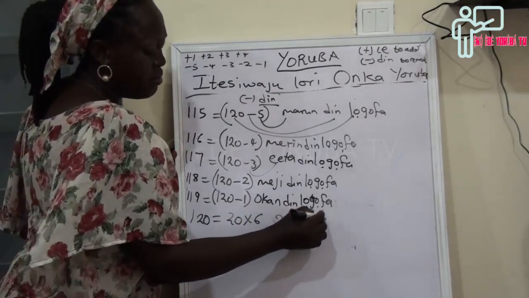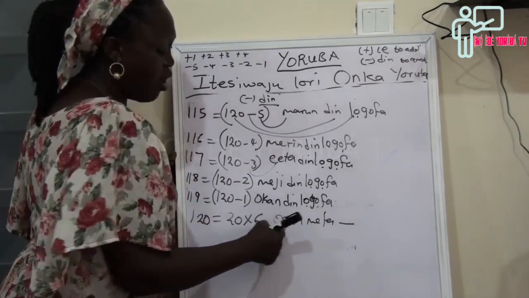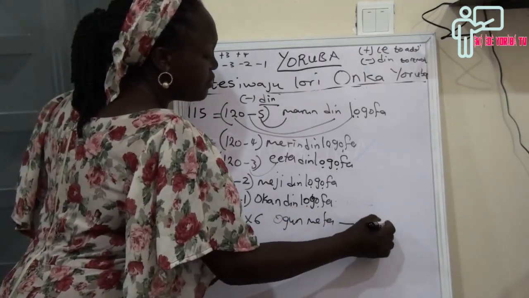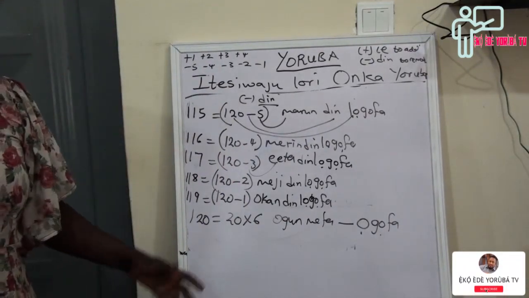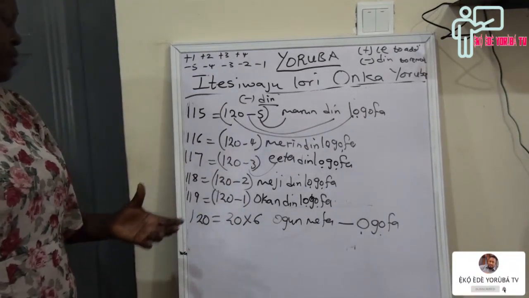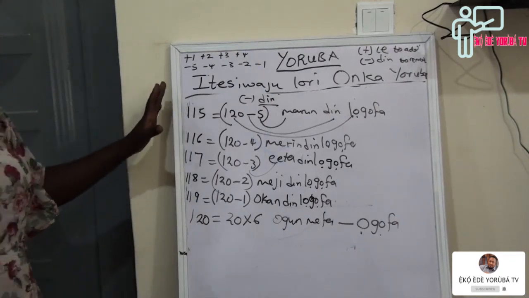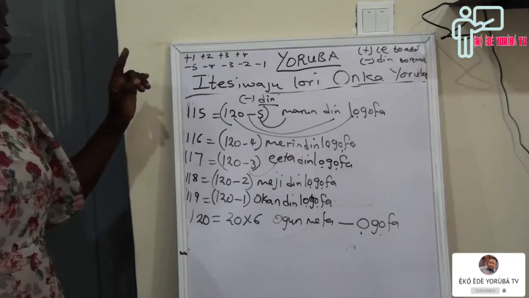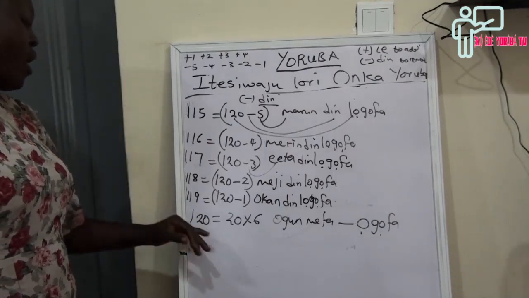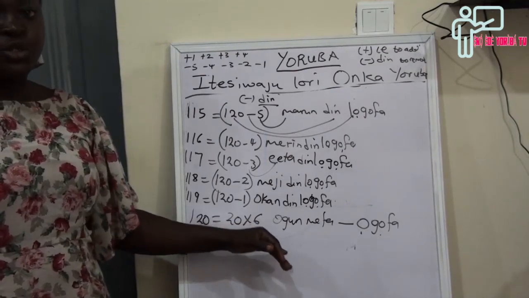It now becomes ọgọ́fà. Ogún mẹ́fà. That is from one kan to 120. From number 1 to 120 in Yoruba.